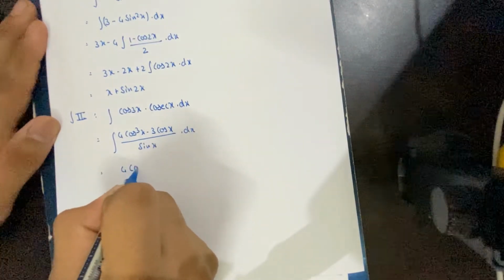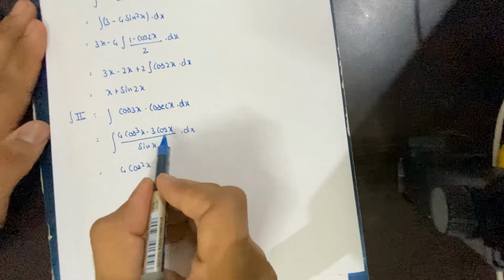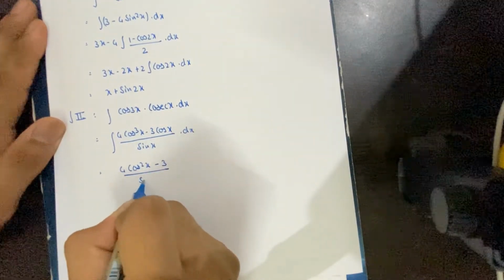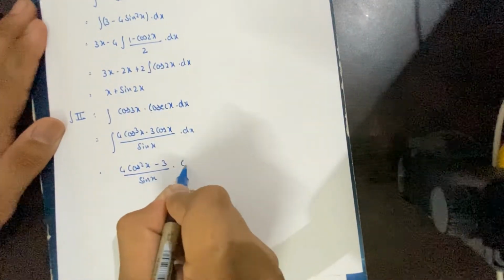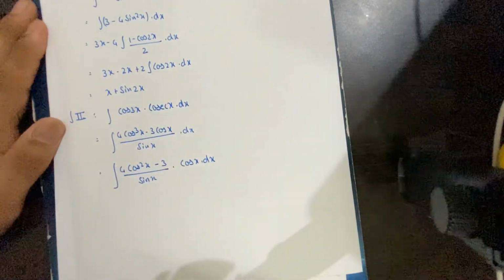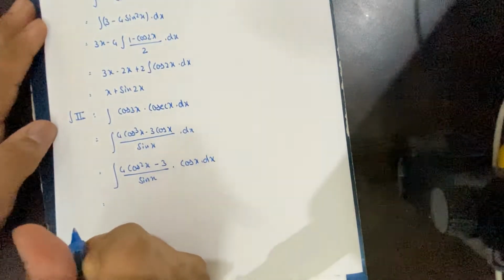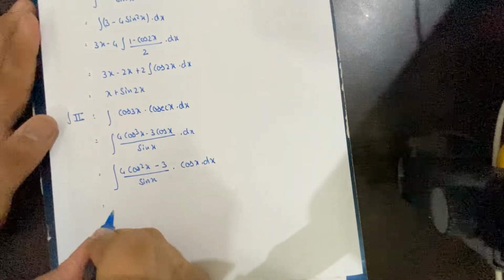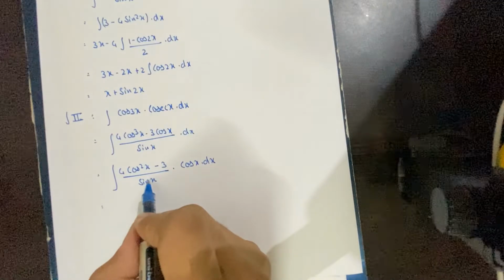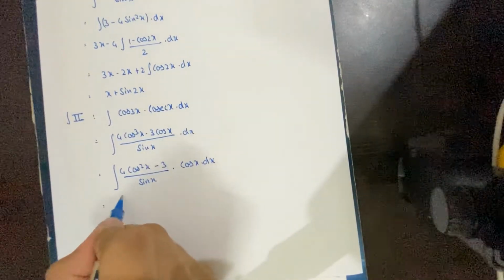What I did is take out cos x as common, so I have 4 cos square x minus 3 by sin x times cos x dx. Now what I'm going to do is convert this whole term into sin x terms.